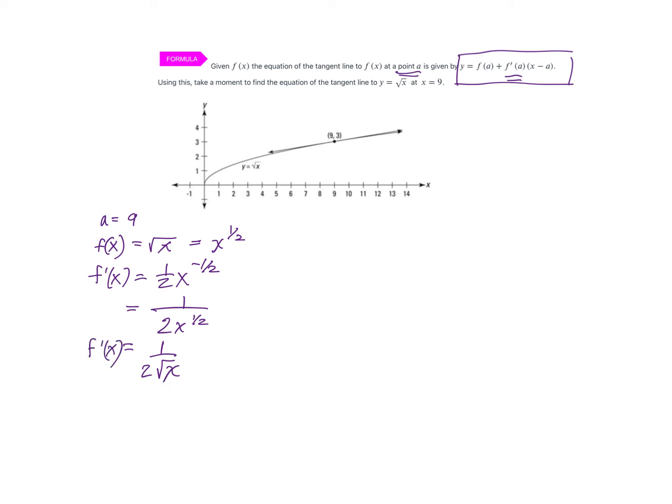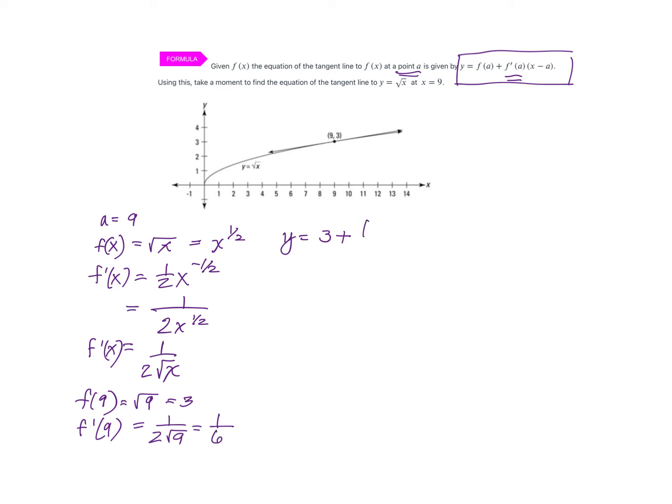And to find the tangent line, it's y equals f of a plus f prime of a times x minus a. f of a is f of 9, which is the square root of 9, which is 3. So we have 3 here, plus f prime of a, and f prime of a is f prime of 9, which is equal to 1 over 2 times the square root of 9, which is 1 over 2 times 3, which is 1 over 6.